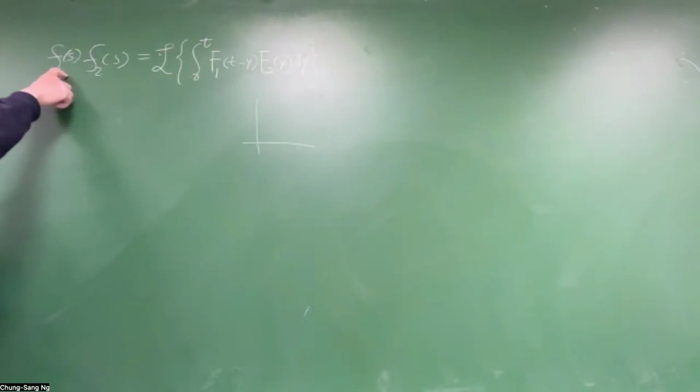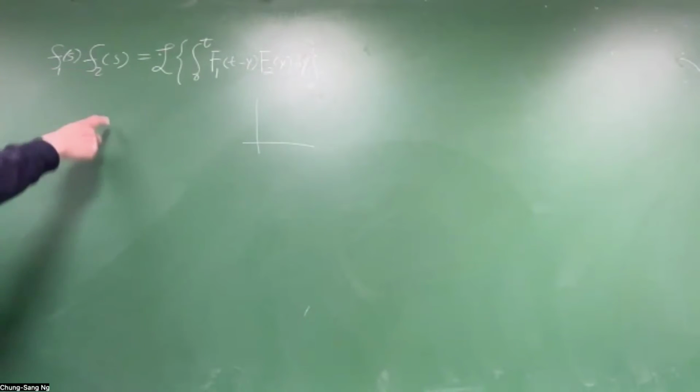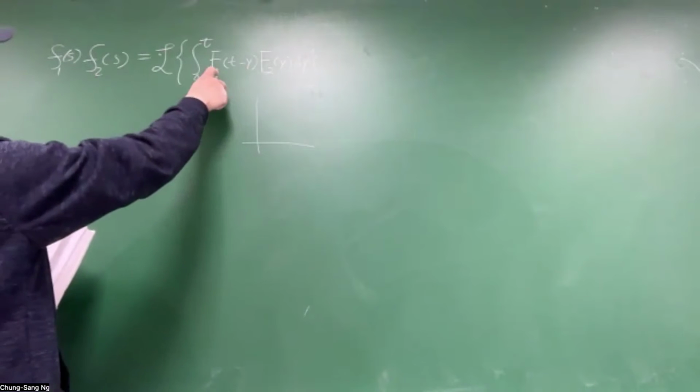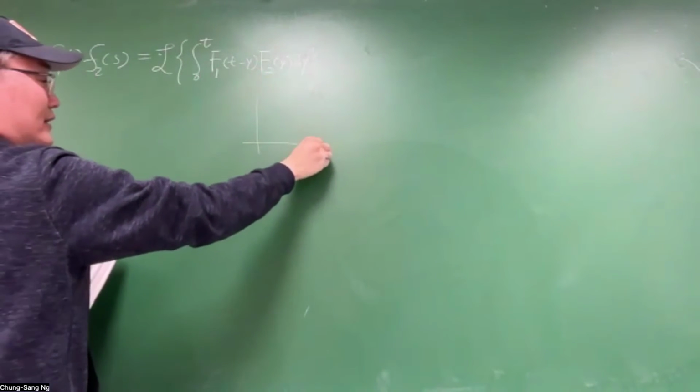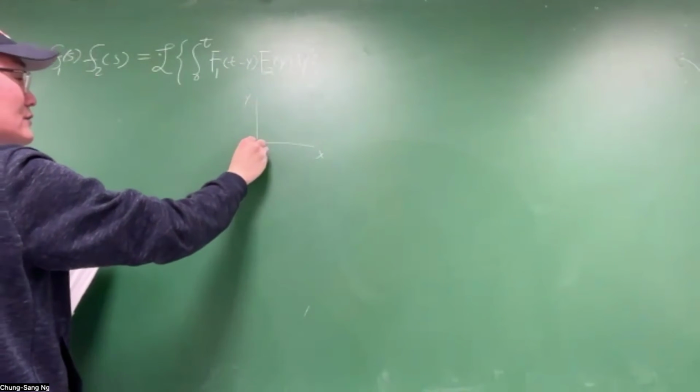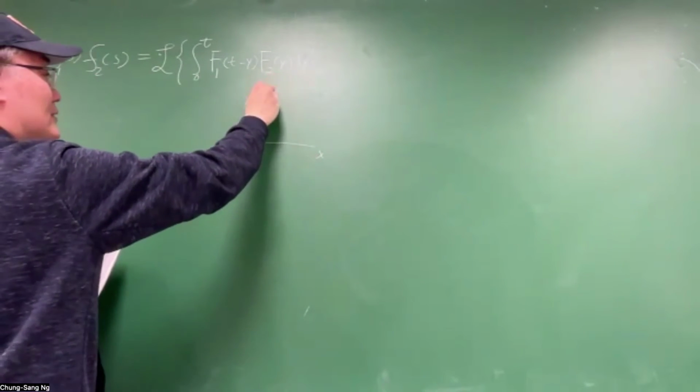Originally, when you define the Laplace transform, each one is integrating, like f sub 1 and f sub 2. One is x, the other is y, so 0 to infinity, basically integrating over this space, this area, right?